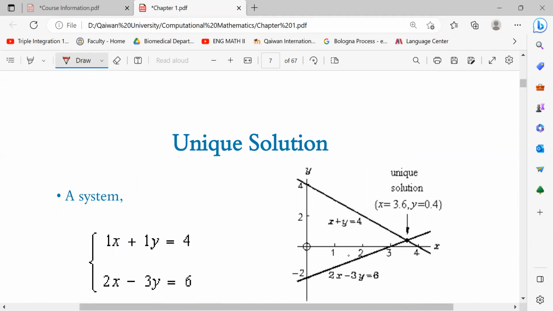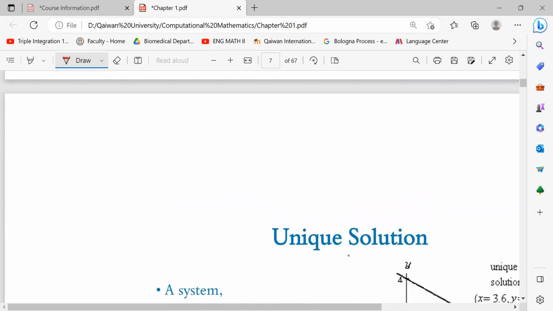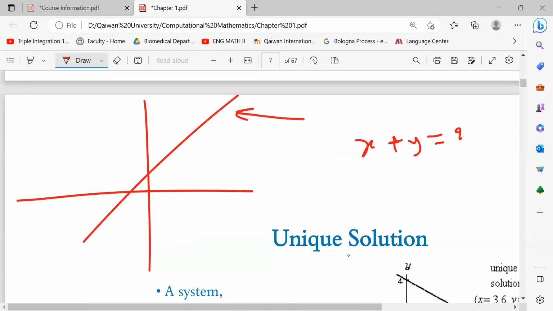As we talk about linear systems, the graph of a linear equation is a line. For example, if we have x plus y equals 2, this is the graph of this linear equation.